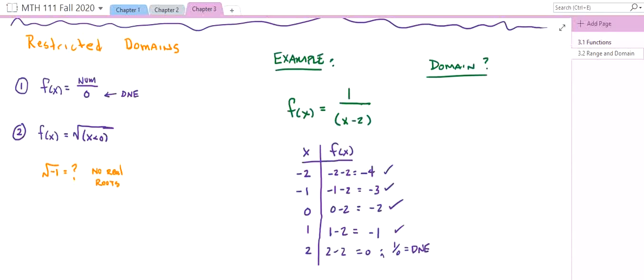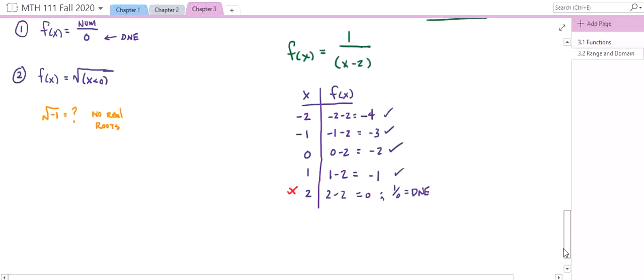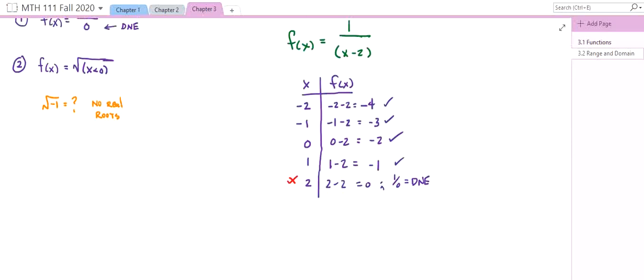So this is a problem. If we go past 2, we have 3 minus 2 equals 1.